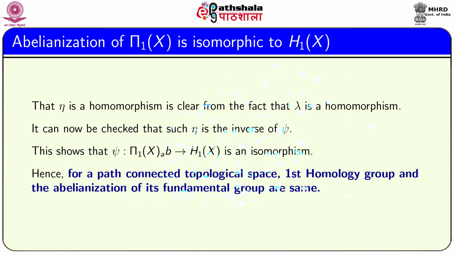Hence, for a path connected topological space, the first homology group and the Abelianization of its fundamental group are the same. For path connected spaces, sometimes construction of fundamental groups becomes very difficult, but it is often seen that homology groups are easy to compute.